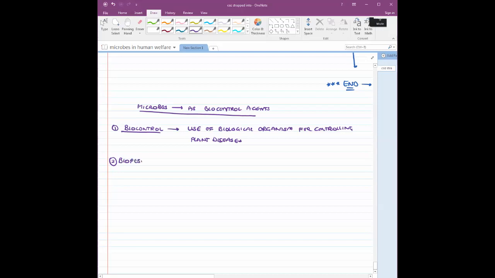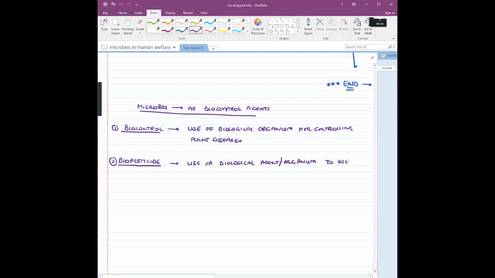But then what is biopesticide? Okay, there is a slight difference between the two. Biopesticide is nothing but use of any biological agent or your organism. Okay, it is to kill.